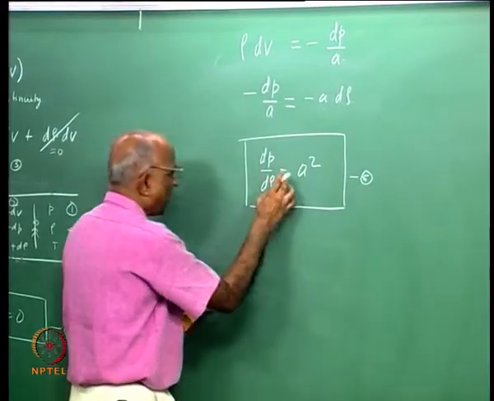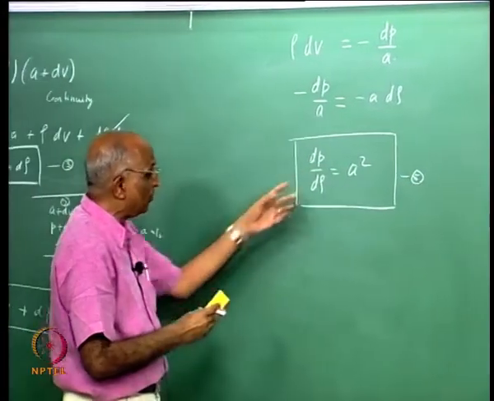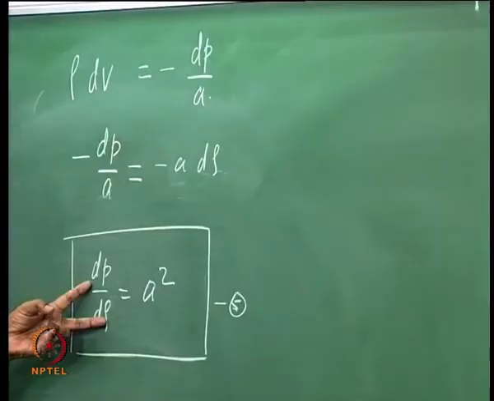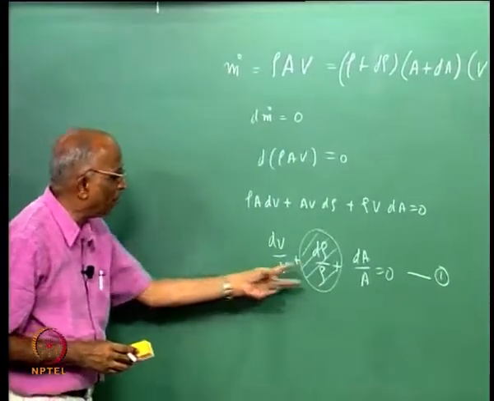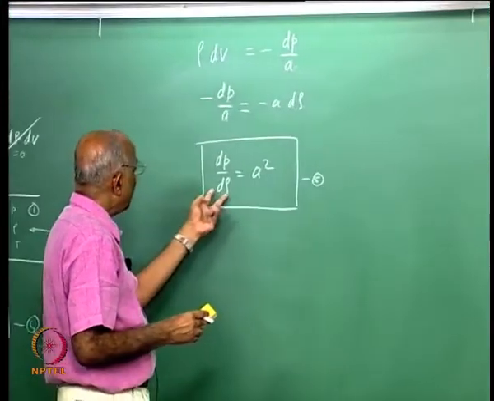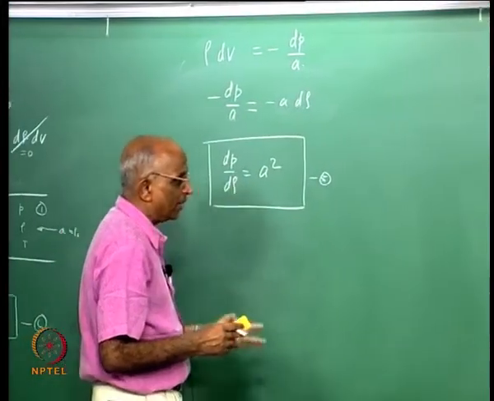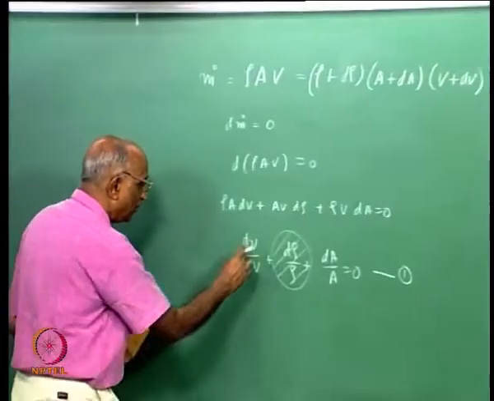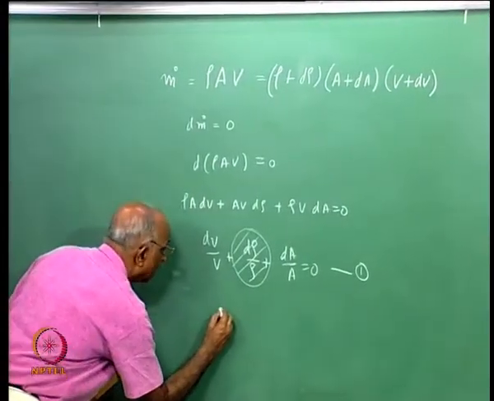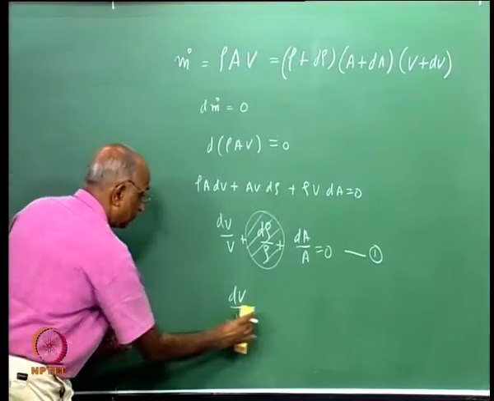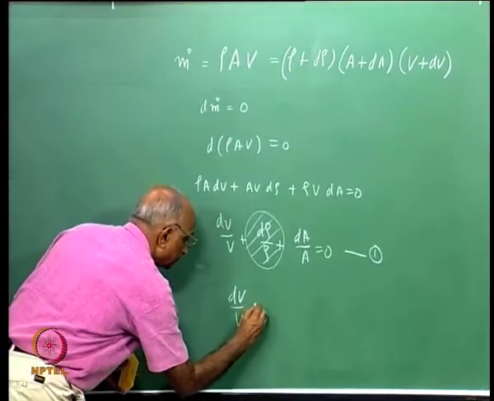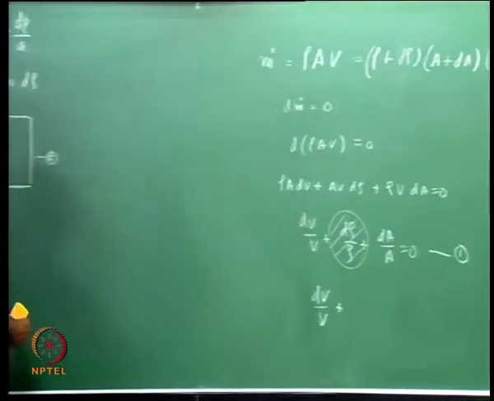Let us come back and deal with this a little later, because we should not lose focus of the problem, because I wanted to get rid of d rho by rho. Therefore, if I now write d rho is equal to dP by A square, from this equation I get dV by V is equal to plus d rho by rho.